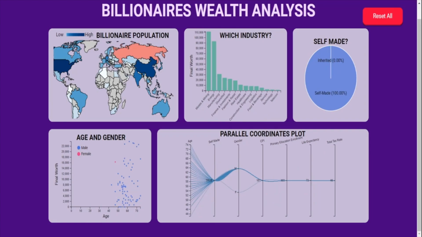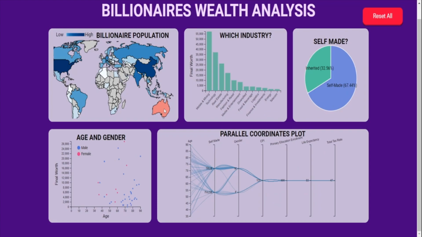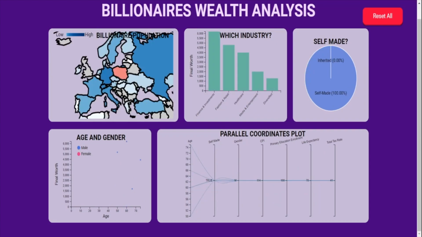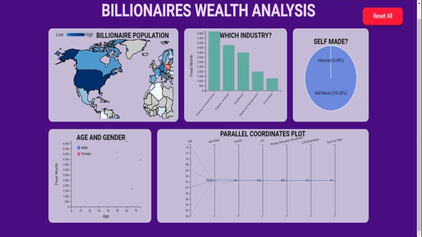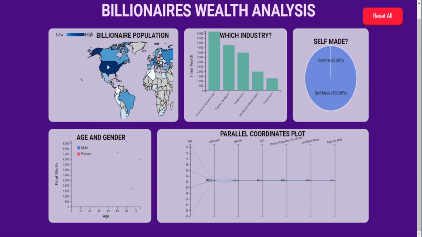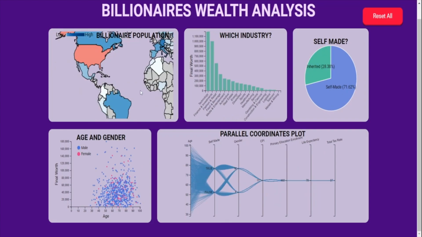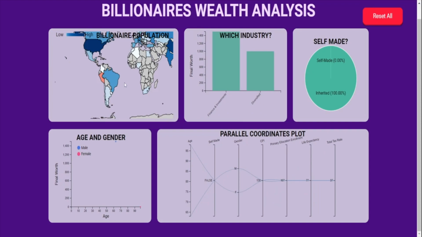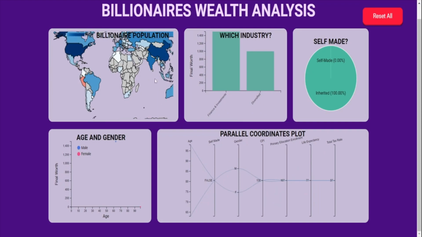For instance, I have chosen Russia now, and it has only a single billionaire, and we can continue to do the same for a lot of countries to analyze how the distribution exists. Let me choose one last country. This is USA, and this would be Peru. So that is the country versus gender analysis.